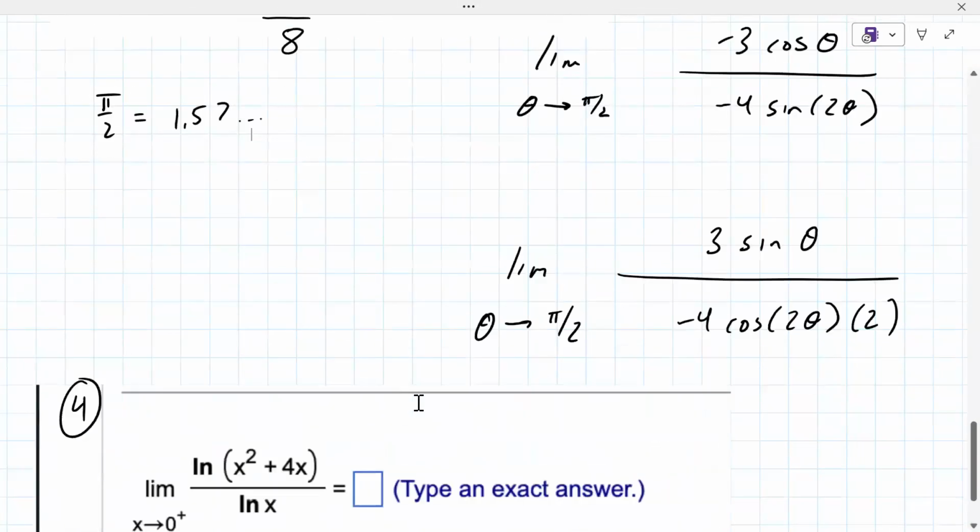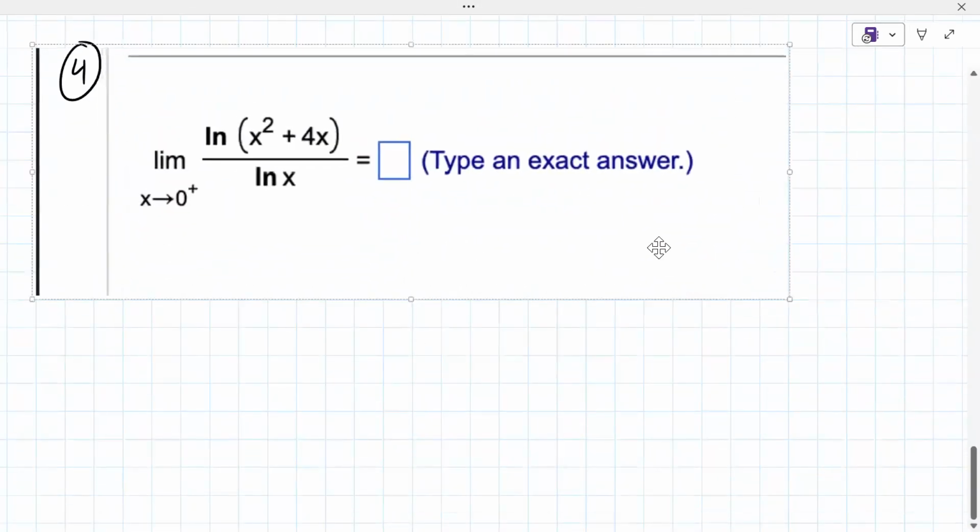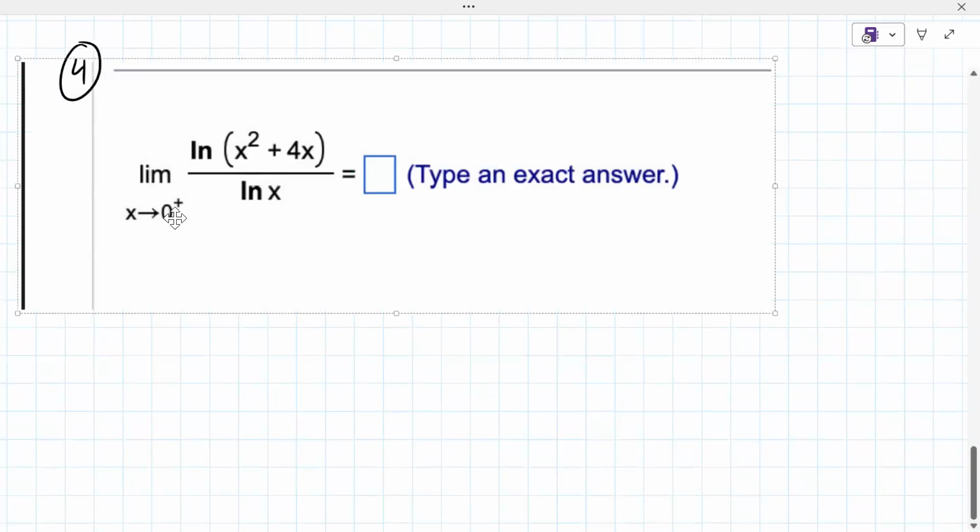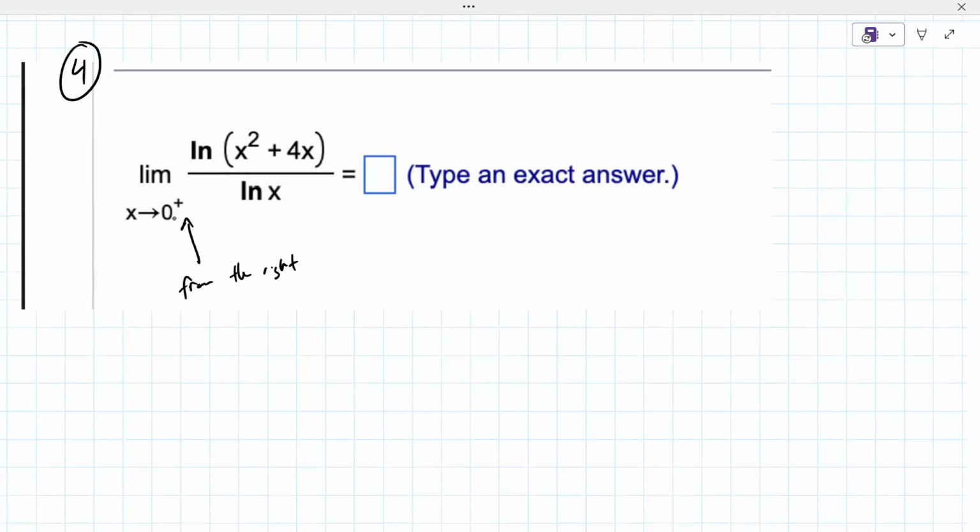So why don't we try that in this one? Picking a number really, really close to 0 from the right, that means a little bit right of 0, like 0.00001. Why don't you try that in here and see what you come up with?